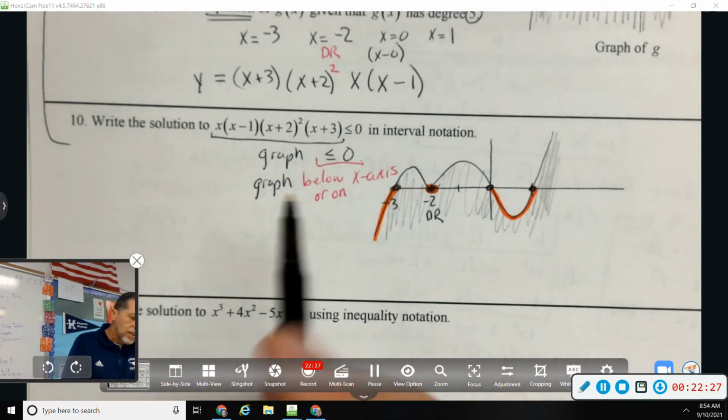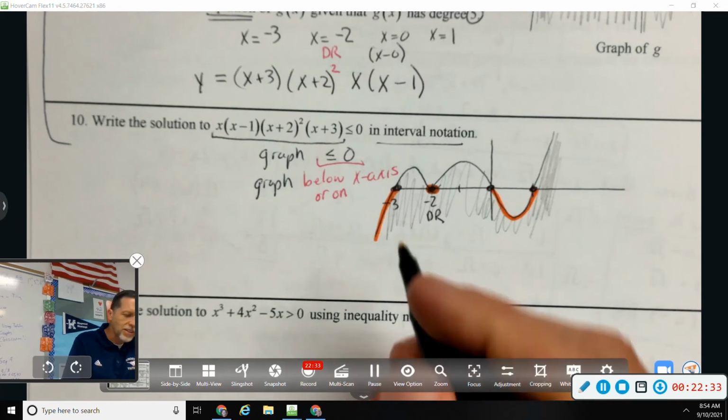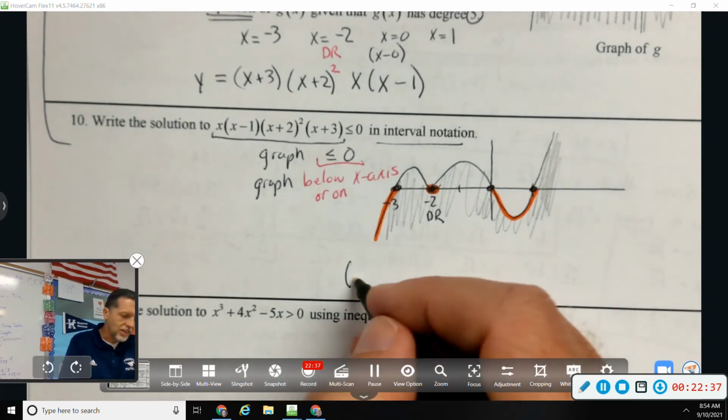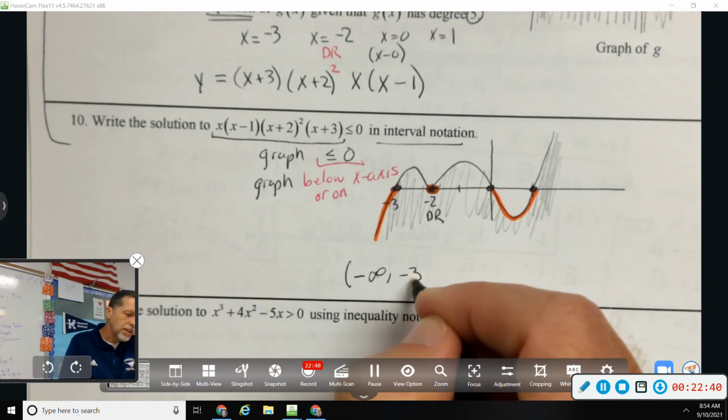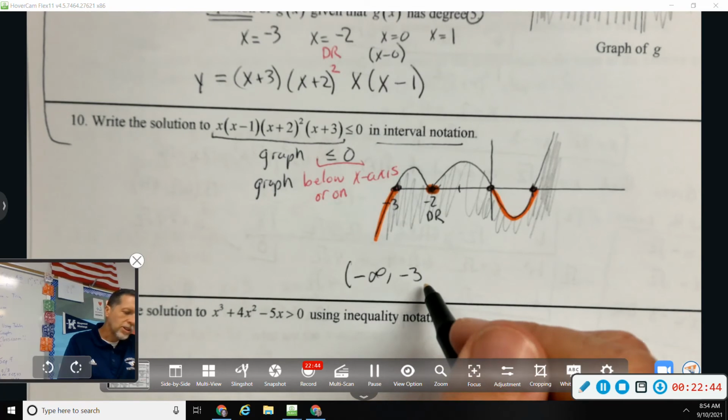So interval notation means I need to read the orange shading from left to right. So where does it start? Good. -infinity up to -3. Do I include -3?